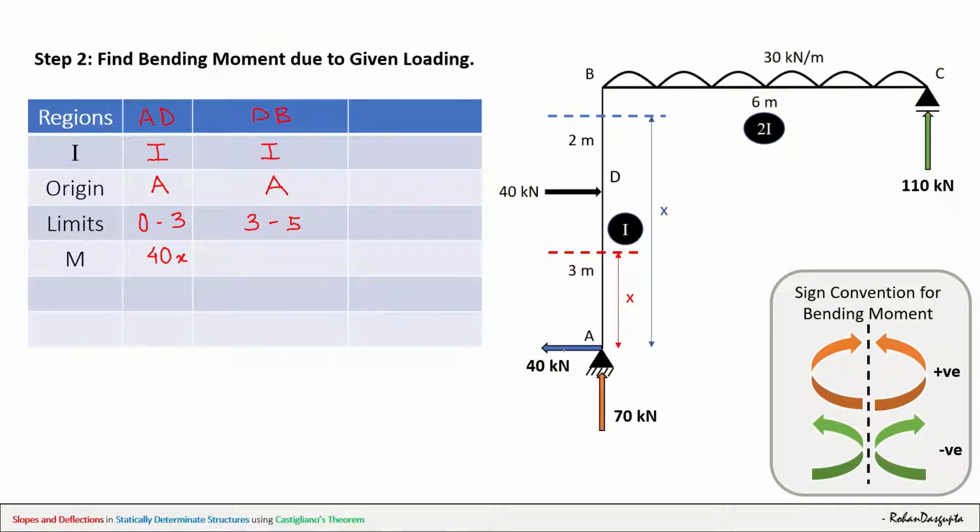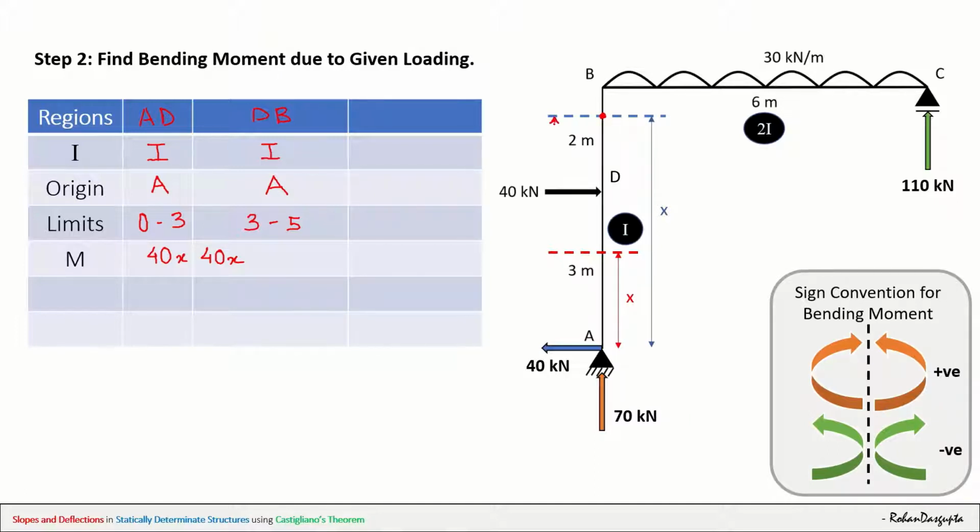Now again, the first moment will be due to this 40 kilonewton. This 40 kilonewton multiplied by this x, so that is 40x. And now let's consider this 40 kilonewton, and we are trying to find the moment here. So we need to find this distance.